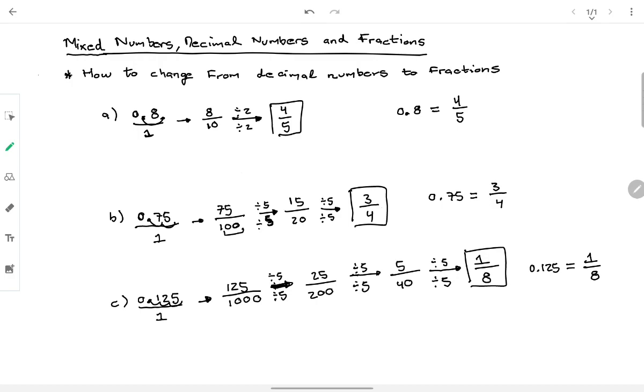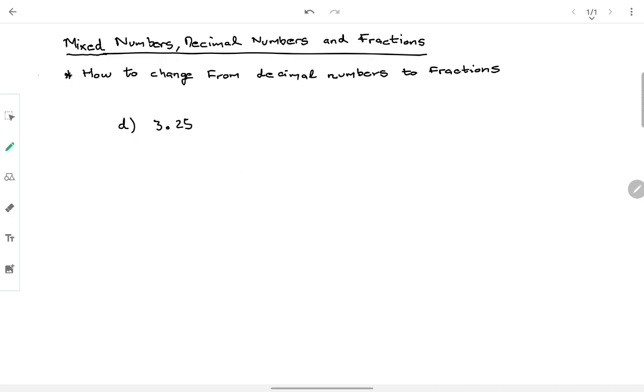So this is how we change from decimal numbers to fractions. I will do only one more example, of a decimal number converted to an improper fraction. Let's see this case.